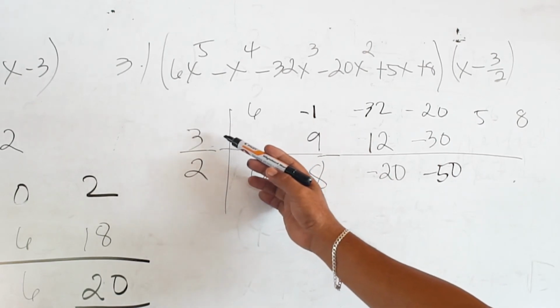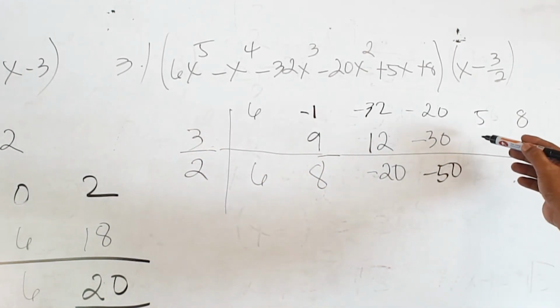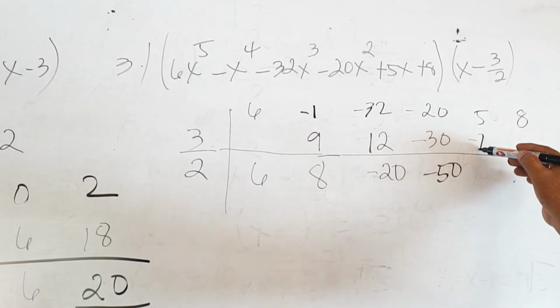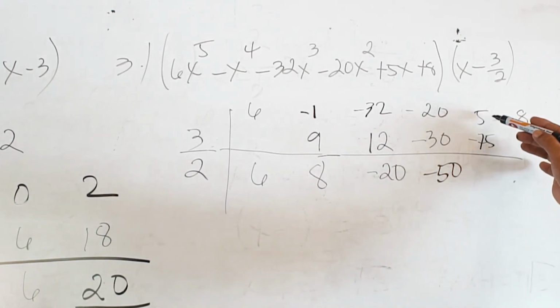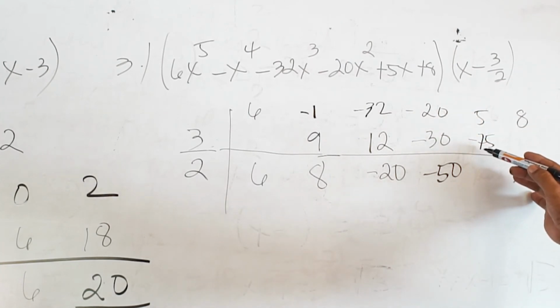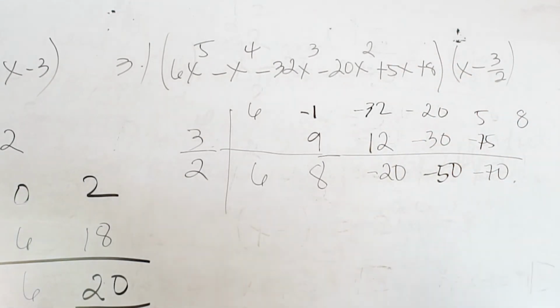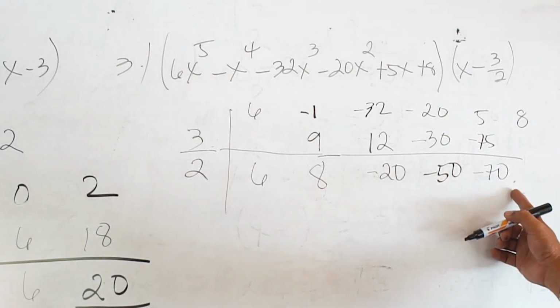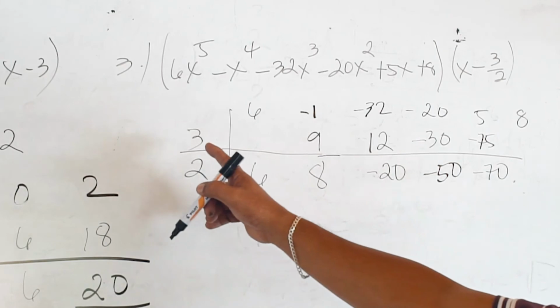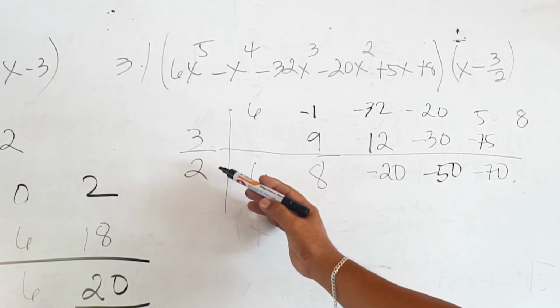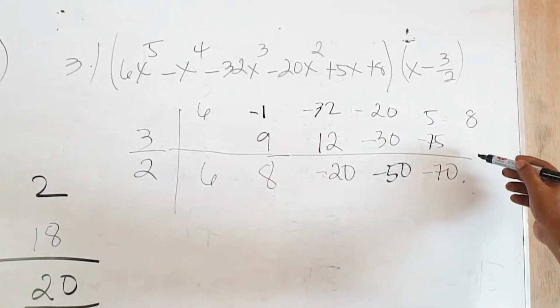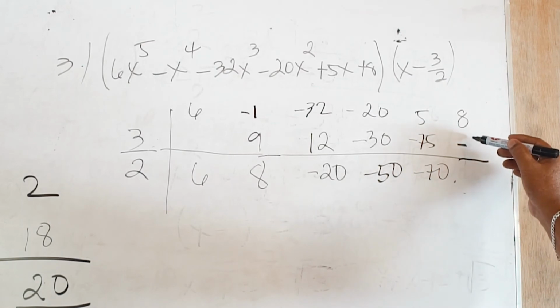Negative 150 divided by 2, so we have negative 75. Then add positive 5 and negative 75, so we have negative 70. Then multiply negative 70 times 3, so that is negative 210. Negative 210 divided by 2, the result is negative 105.